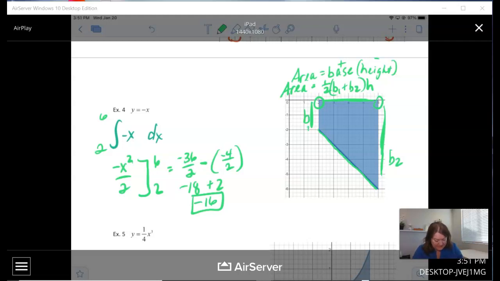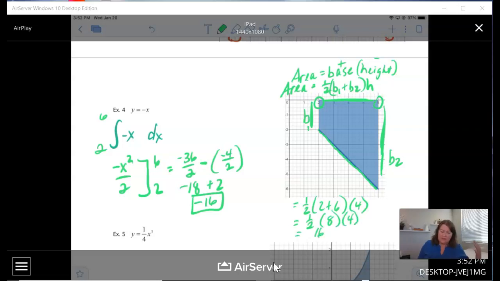And our height is this amount. So let's go see. So if I do 1/2 and I add those together, that looks like it is a 2 plus 1, 2, 3, 4, 5, 6. The height would be this horizontal distance that is going from 2 to 6. That is a 4. So if I calculate this, this is going to be 1/2 of 8 times 4. That's also going to be a 16.